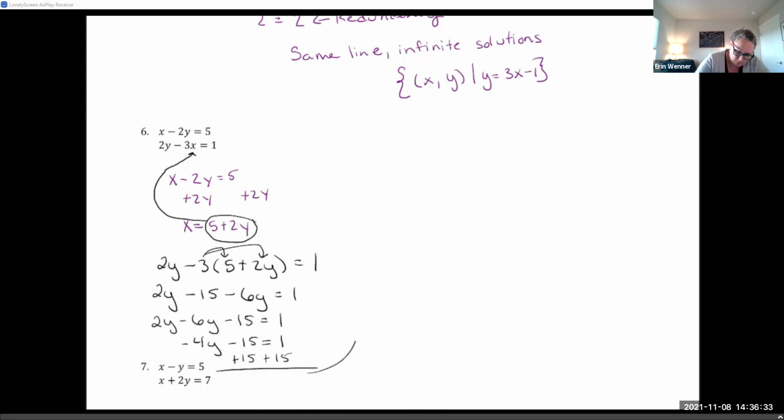I'm running out of room, so we're going to carry on up here. So I have -4y equals 16. Dividing by -4, I get y equals -4, because positive 16 divided by -4 is -4. So I'll pause there. Any questions so far?